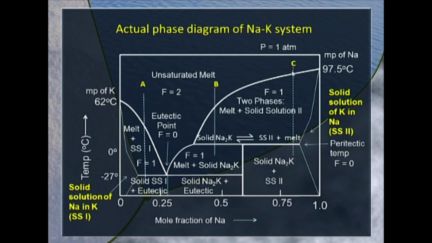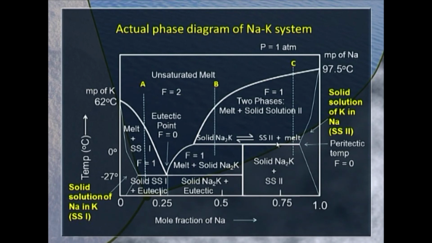We reach the liquidus, solid solution 2 appears, system becomes a 2-phase system, number of degrees of freedom 1, cooling can continue, more and more of solid solution 2 comes out till we reach the peritectic temperature, at which again it becomes a three-phase system. There will be a temperature arrest because F is equal to 0.